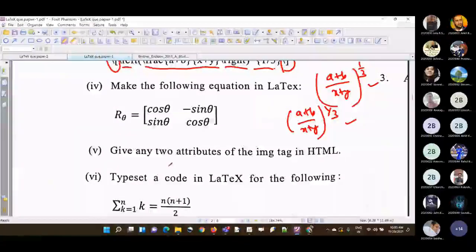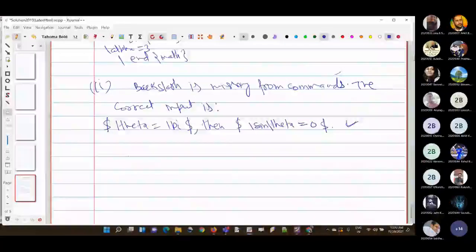You usually put them in array form. So just write begin and then array. All right. Begin array, and then you are going to write backslash end array. Fine.